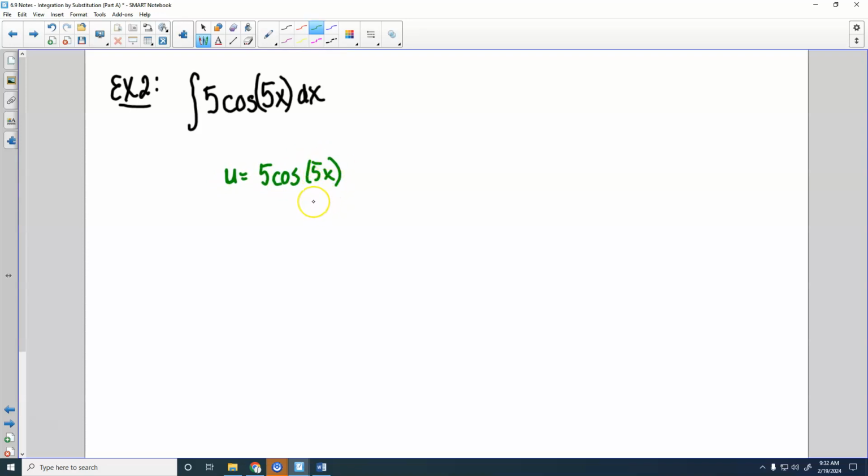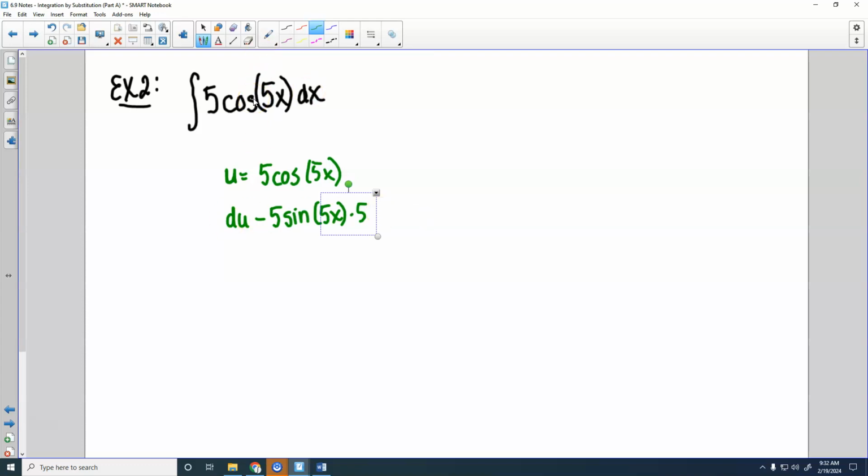Because you can't have just 5 cosine, it's got to be of something. If I take the derivative of cosine, what do I get? Negative sine. I'd get negative 5 sine of 5x, and then I'd have to multiply by 5. Do you see a sine anywhere in the original problem? That can be my du? No. There is no sine in that original problem.